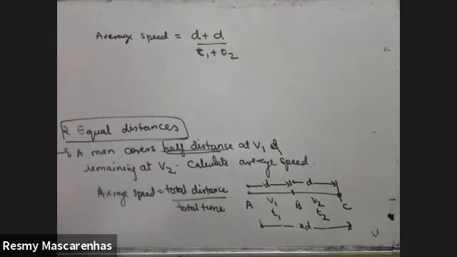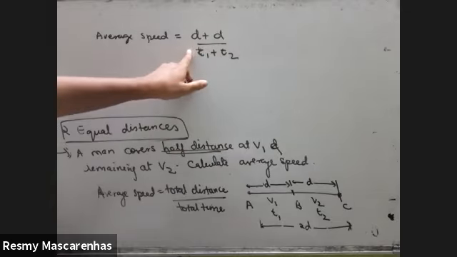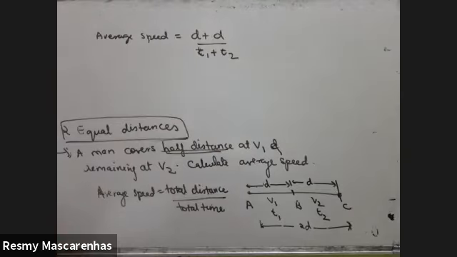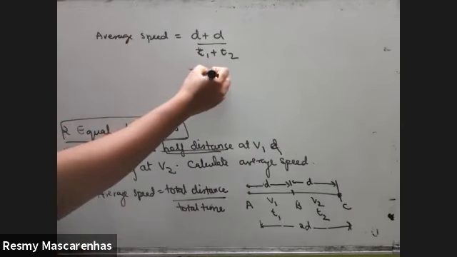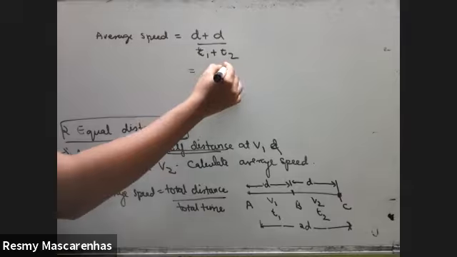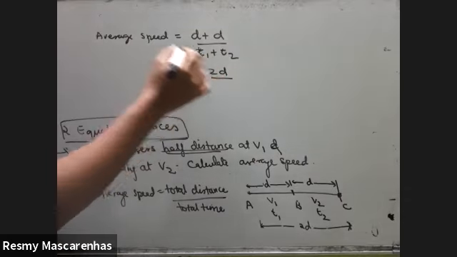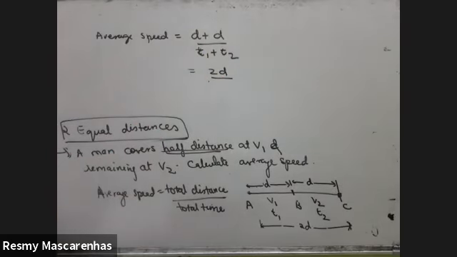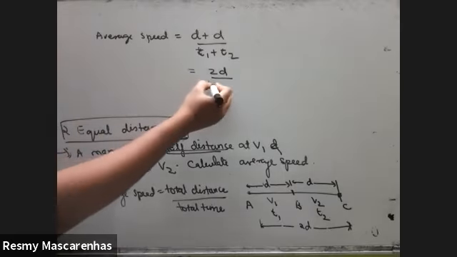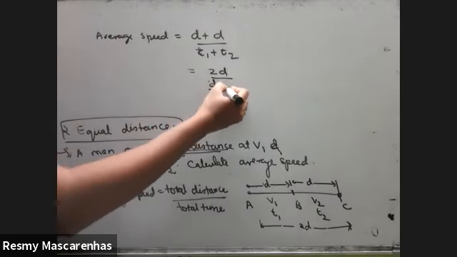Same as the previous problem. What is given in the question? V1 and V2, but this is in terms of time, so I'll have to convert it. Time is nothing but distance upon speed, so this will be d upon V1.